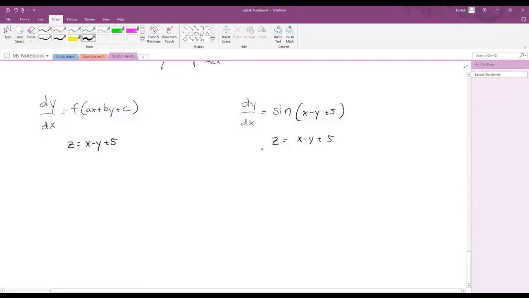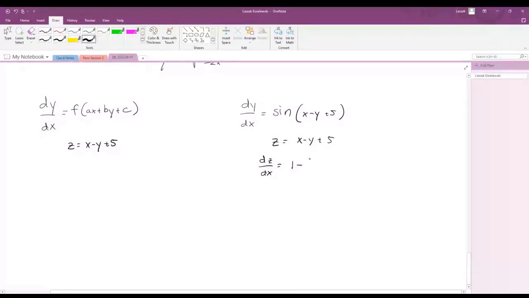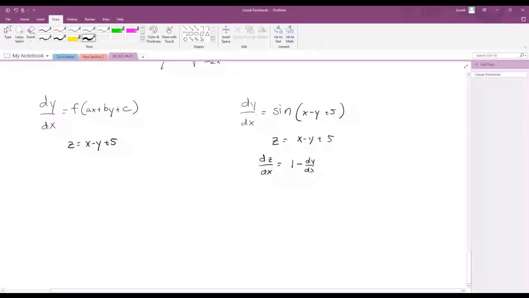So we're going to differentiate both sides with respect to x, because we're considering x the independent variable. So the left-hand side we differentiate with respect to x, and the right-hand side with respect to x. Of course, the derivative of a constant is 0.